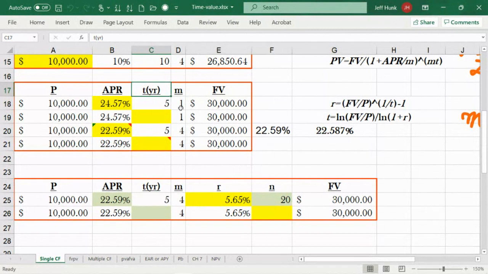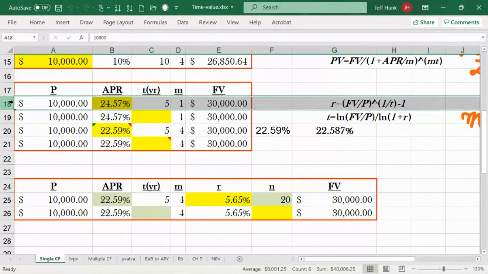And when the compounding frequency is 1, t is exactly n. T is n itself, because n is t times m.